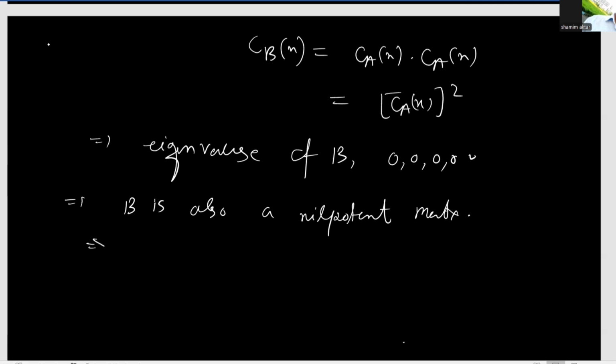And also given B is diagonalizable, this implies B is equal to 0. So B equal to 0 implies A equal to 0. And the converse is also true, already given.